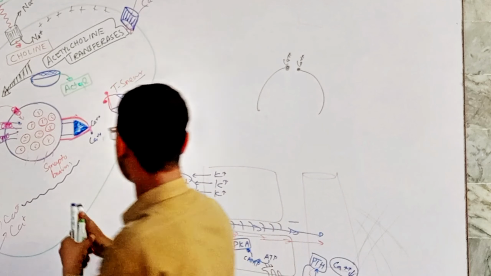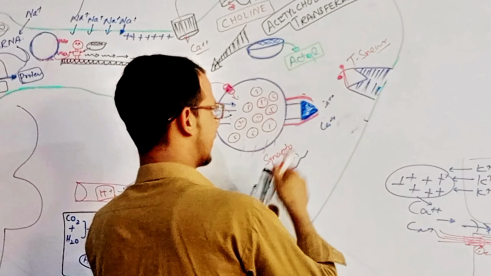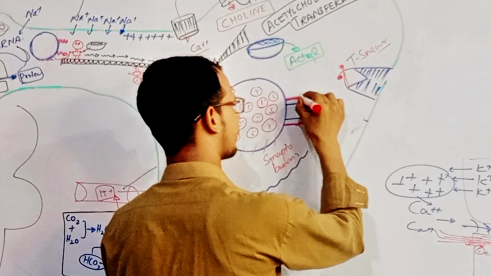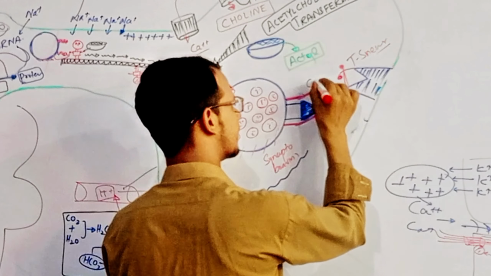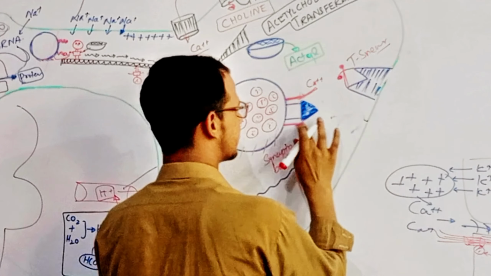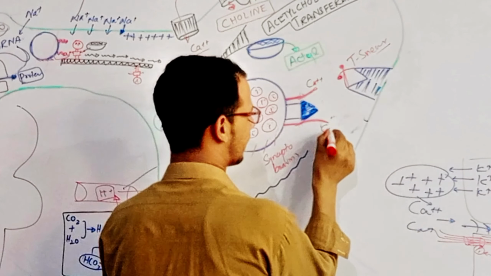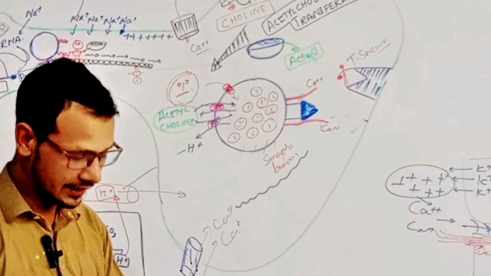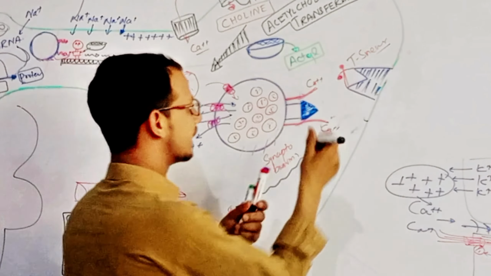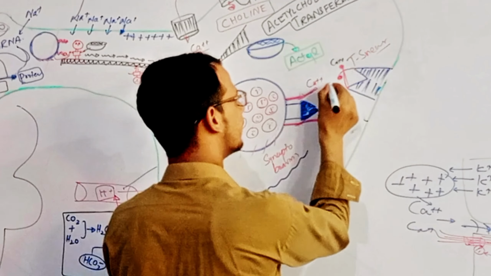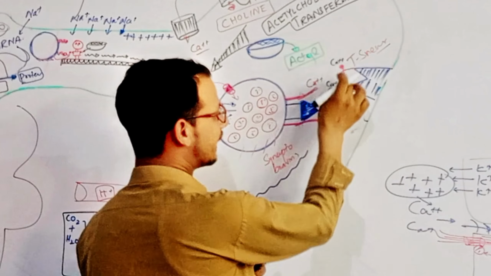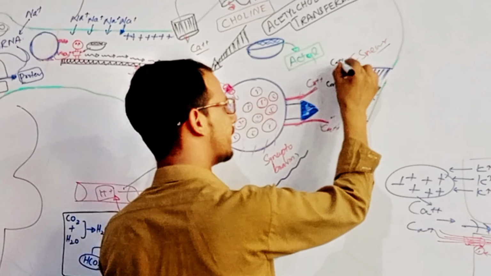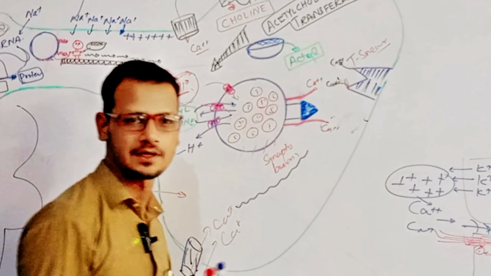And when it is repelled, this site will become open, because calcium has attached. Calcium is responsible for repelling these sites and now this binding site is open. This calcium also came here to these syntaxins and they are also repelled from each other. So this site is also now open, right?